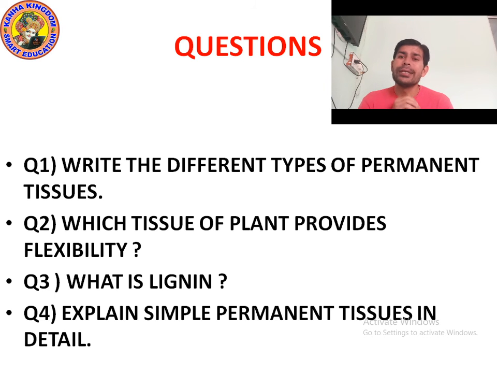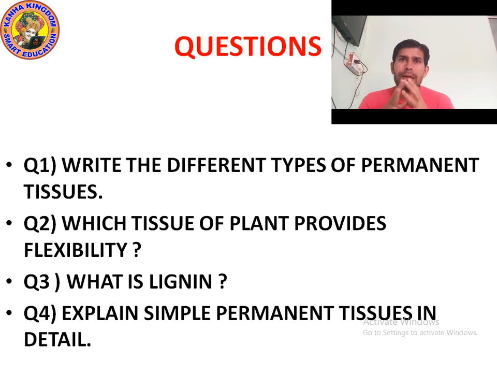If you want to write the answer to this question, you can write as I am speaking again. First of all, write the heading permanent tissue. Then write: permanent tissues are formed from meristematic tissues. They do not divide and have permanent shape and size.